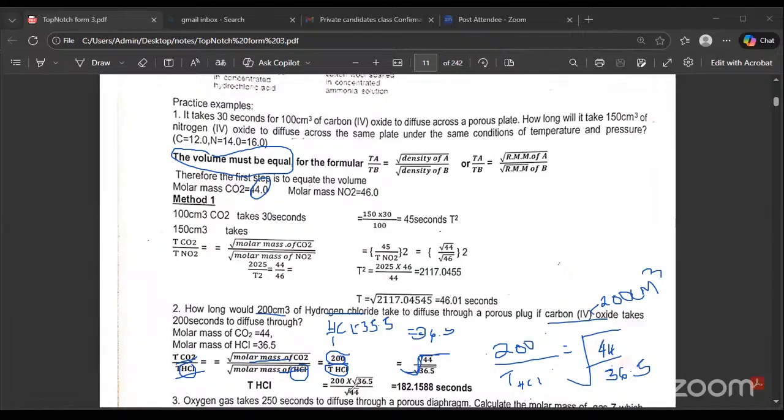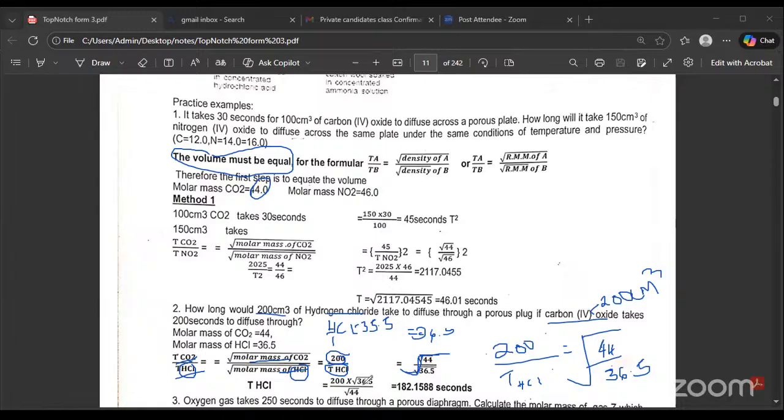Or you can do what has been done here, which depends on you, but let us try mine so that we see if it is coming up with the same answer. So we say 44 divided by 36.5 is 1.205, and then scientific calculator very quickly, square root the answer. So you know this one has a problem when you use the phone.